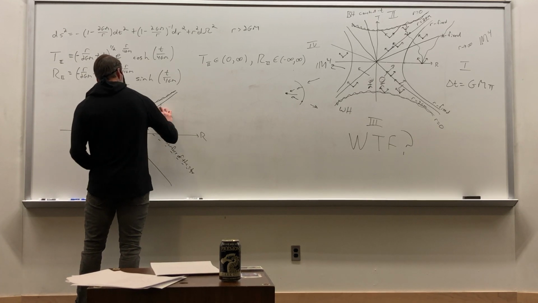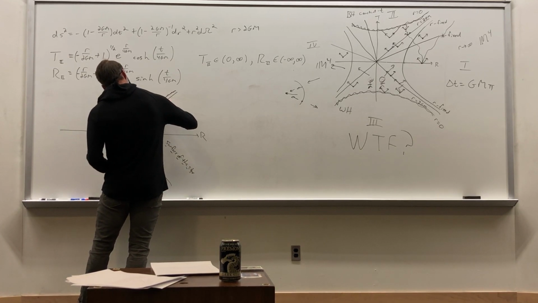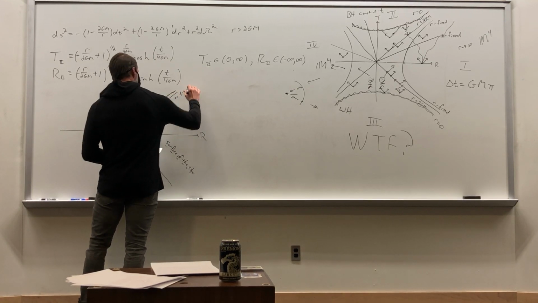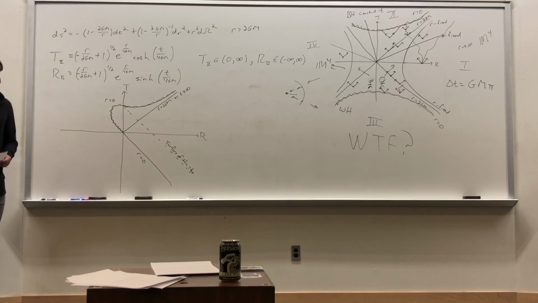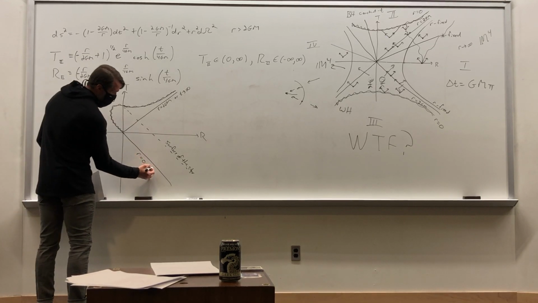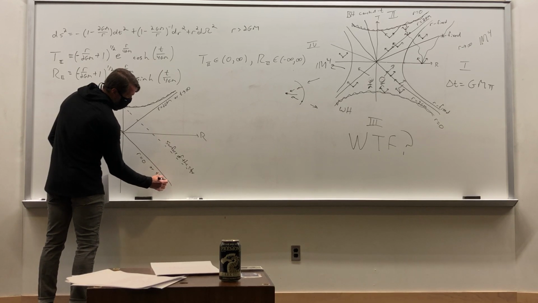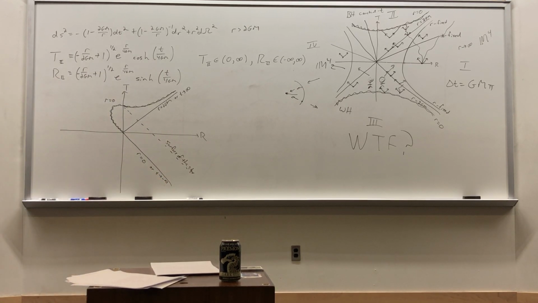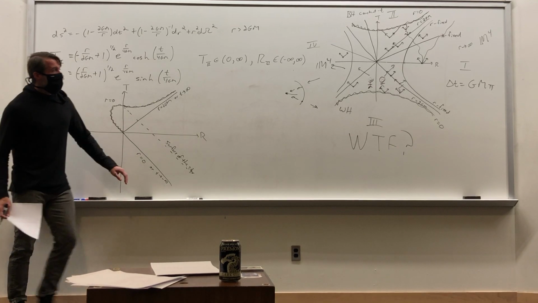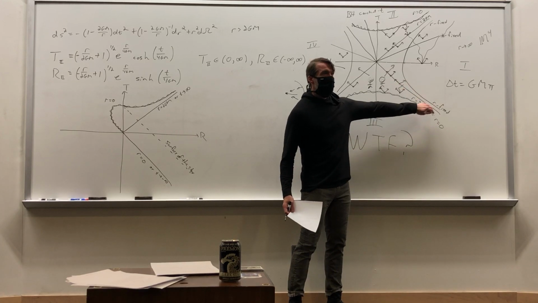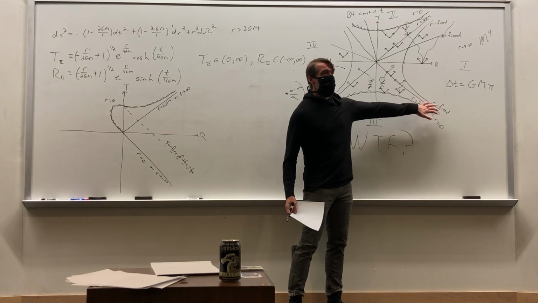Sorry. At r equals 2 GM, or we can take this to be t goes to infinity. Okay? And we can also take this to be r equals 0, or t goes to minus infinity. But the important thing is that in these diagrams, this line also represented r equals 2 GM.